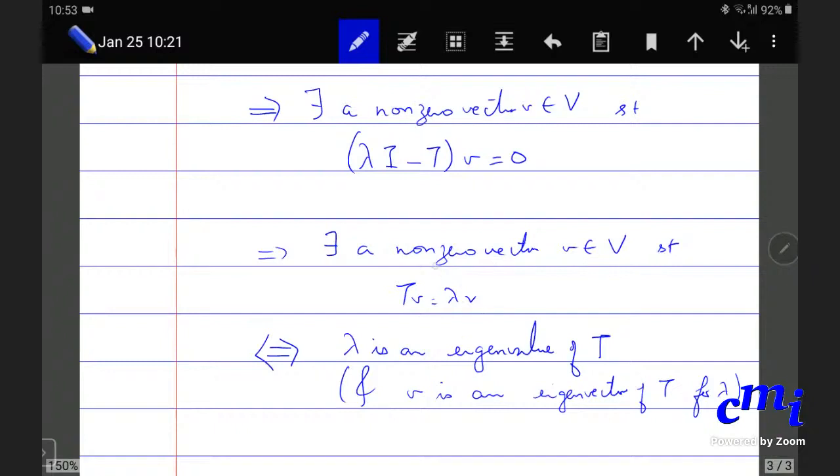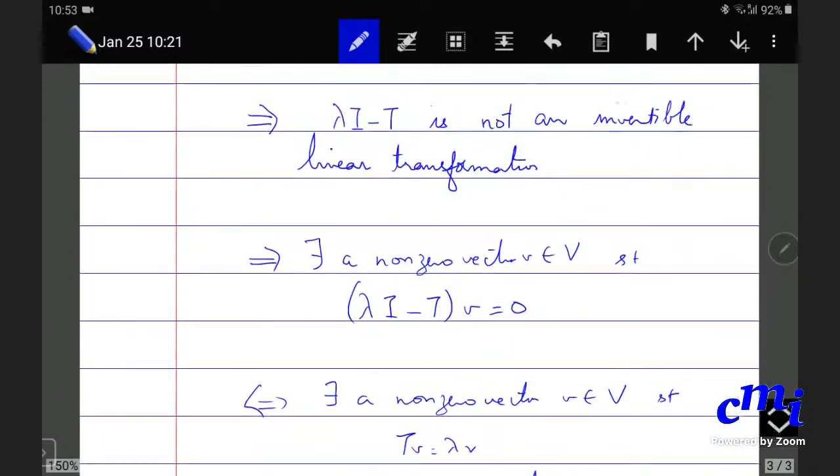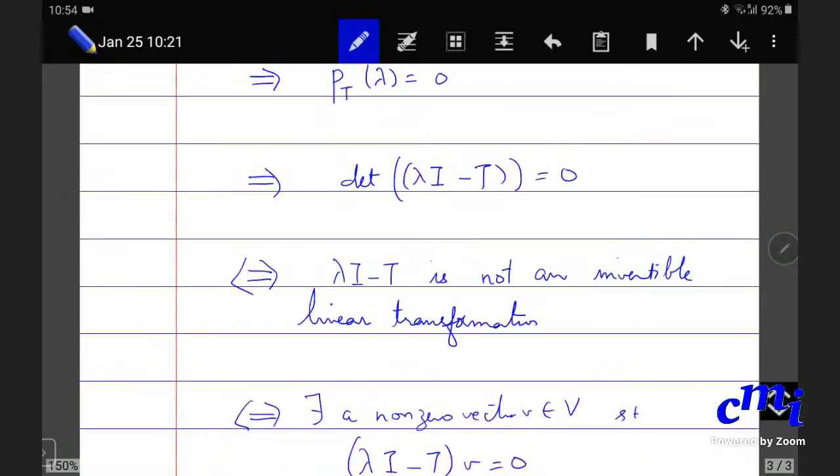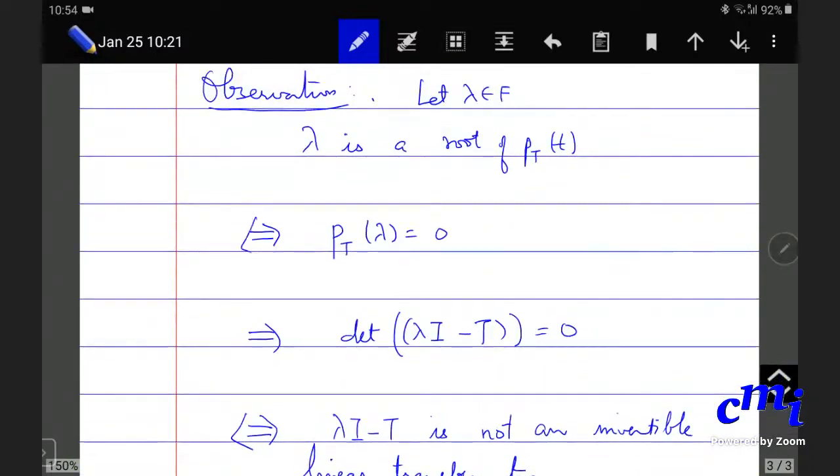That is just saying (lambda I minus T) V is 0, which is saying this is not an invertible linear transformation, which is saying the determinant is 0. So the roots of the characteristic polynomial are exactly the eigenvalues of T.